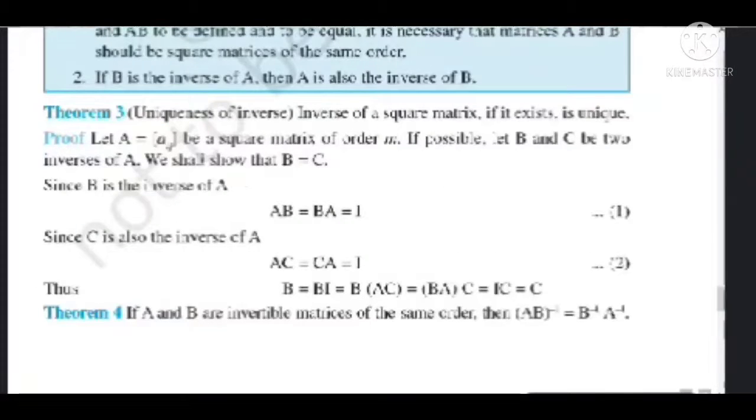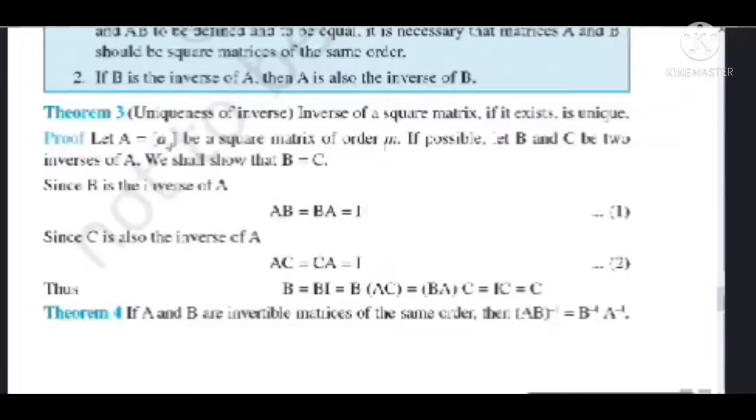So for this theorem, the statement is given: the inverse of a square matrix, if it exists, is unique. Let's see how we can prove this. The inverse of a square matrix, if it exists, is unique, means you will get only one form. Let A equal to [aij] be a square matrix of order m.